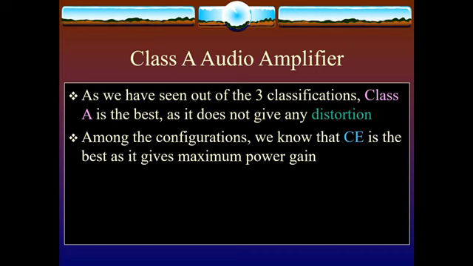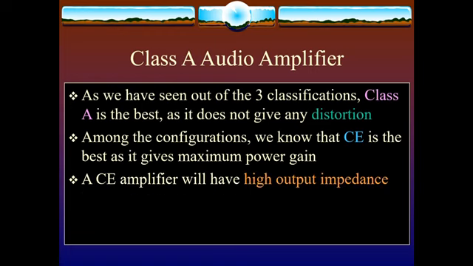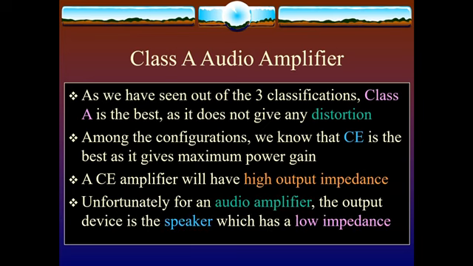Among the configurations, we know that CE is the best as it gives the maximum power. The common emitter amplifier will give a high output impedance. Unfortunately, for an audio amplifier, the output device is a speaker which has low impedance. So that is why we never go for a CE amplifier directly.